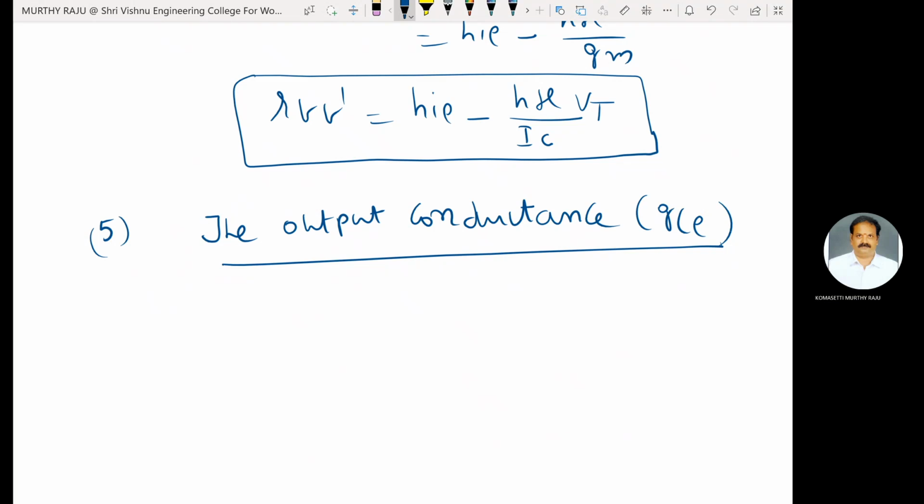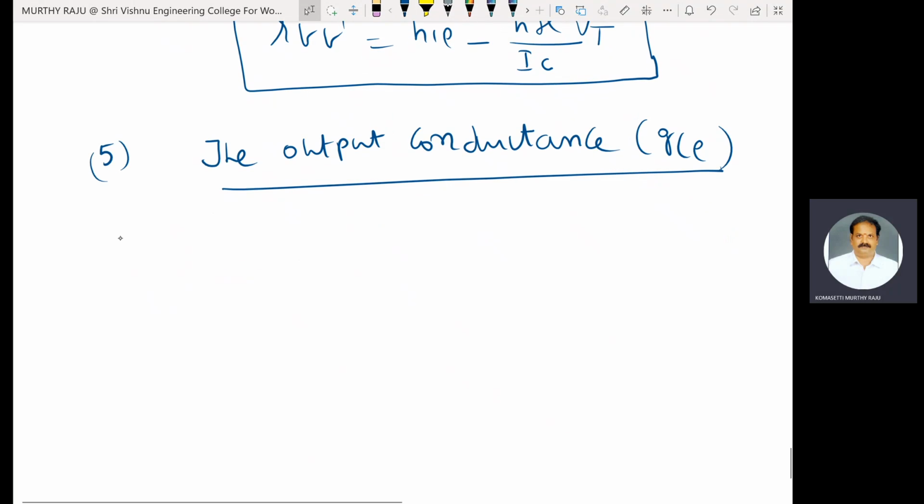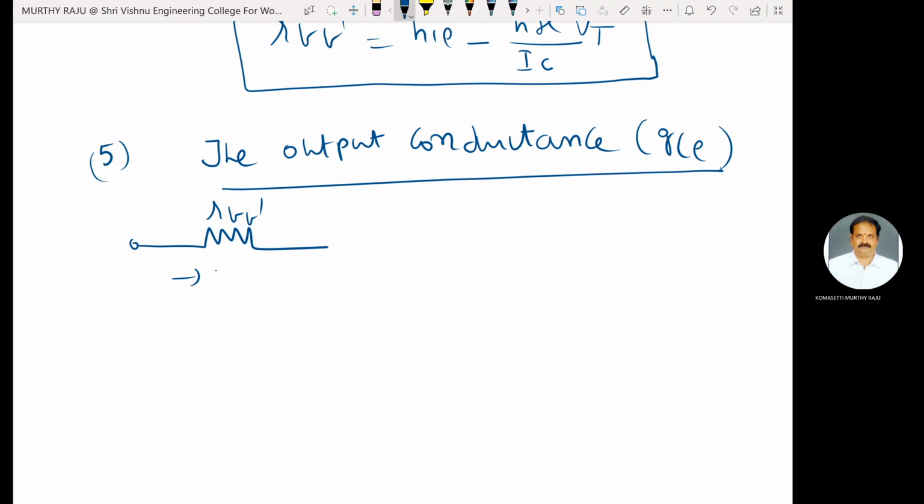Consider the hybrid pi model at low frequencies. This one is RBB dash, IB. This one is base, B dash.